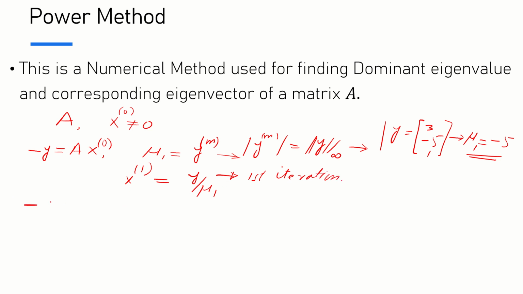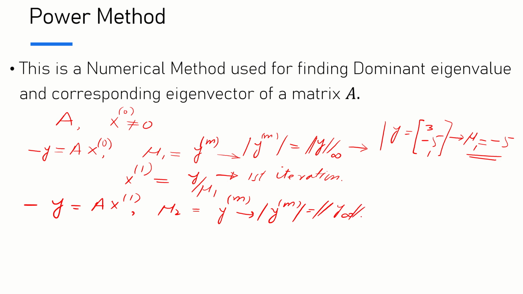Then we find y again. You may label that y1, y2, y3, whatever you call it. So y is equal to A times the newly obtained x1, multiplied from the left side, and then we find mu2. Mu2 is again the mth component such that the absolute value of the mth component is the infinity norm, and then we scale the vector y by mu2 to get x2.